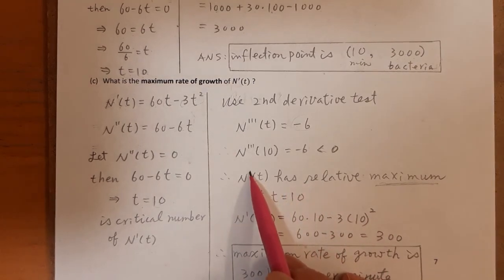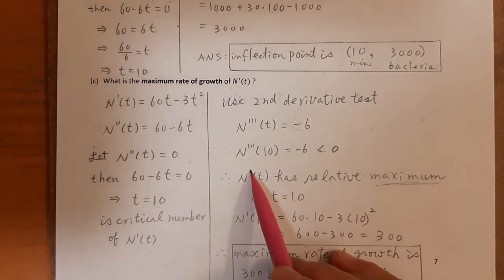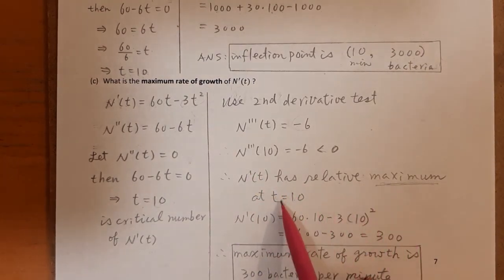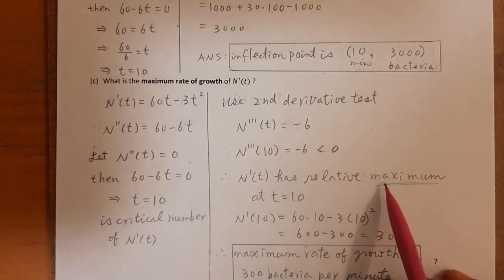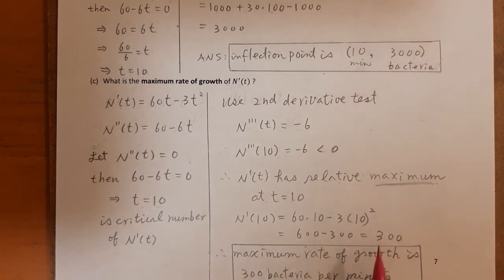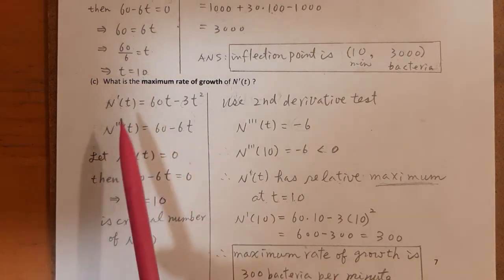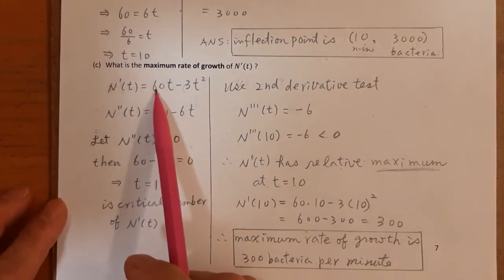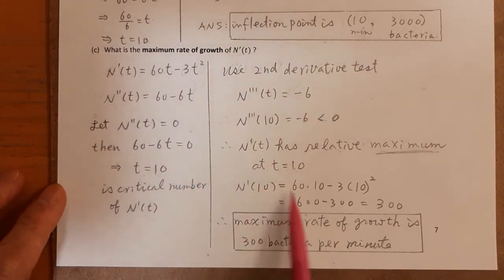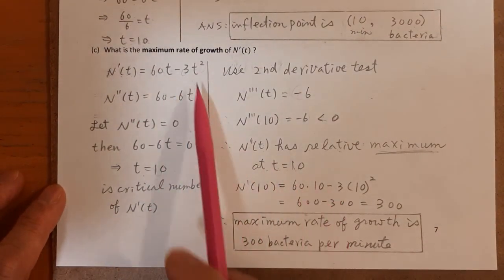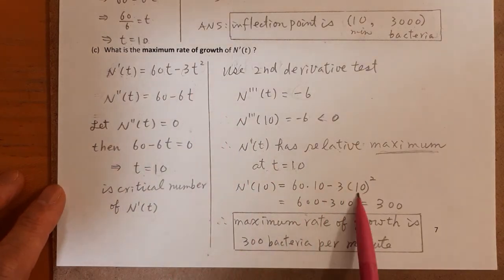So at t equal 10, N prime of t has a relative maximum. And what is the relative maximum? You have to plug this 10 into N prime of t. Plug in t is 10. You get 60 times 10 minus 3 times 10 squared.